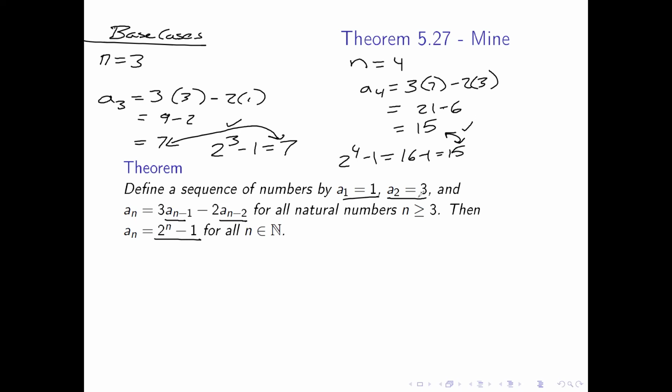So now we have to do our induction hypothesis. And again, our induction hypothesis has to be very, very generalized. So our induction hypothesis is: suppose a sub n equals 2 to the n minus 1 for all n less than or equal to k.